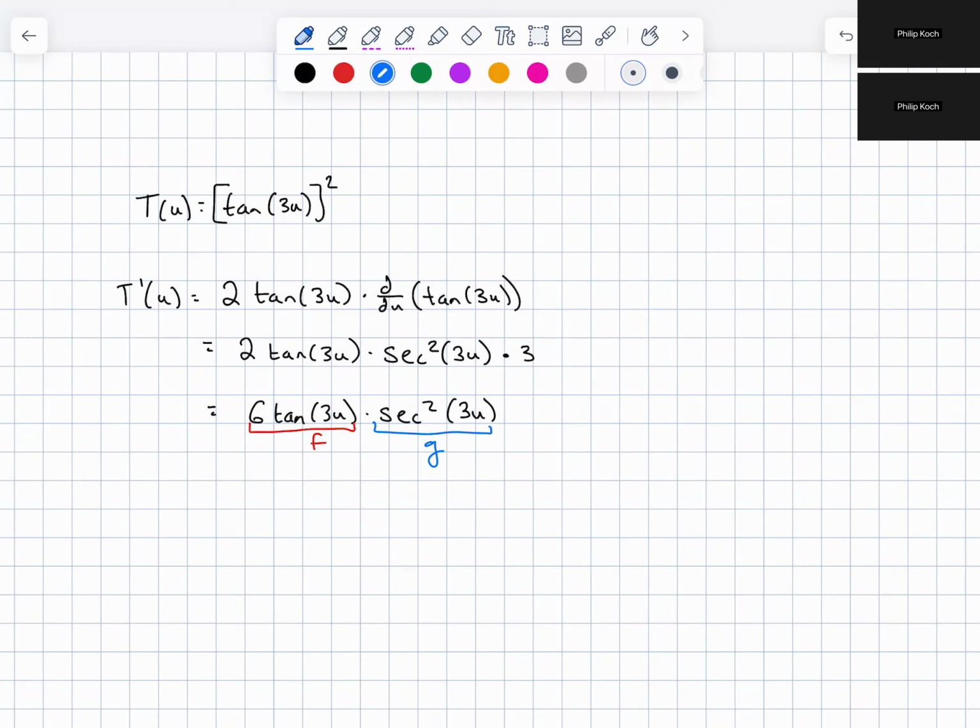So f prime is going to be 6 secant squared of 3u times 3, which is 18 secant squared of 3u. And since g is equal to secant of 3u squared, g prime would require a chain rule with a chain rule inside it.